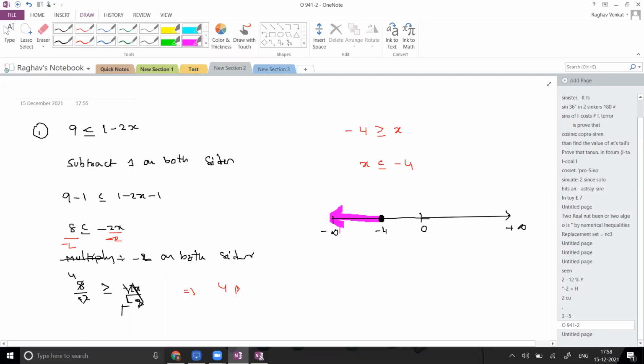If it is bounded, suppose the solution set is minus 4 to plus 4, how do we represent it on the number line? At 0, closed interval means we highlight minus 4 and plus 4. If it is open interval, same number line, plus 4, minus 4.